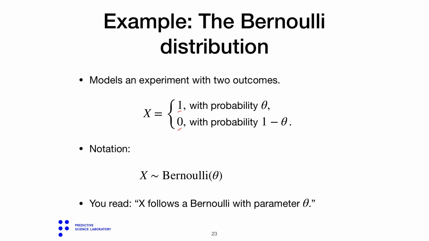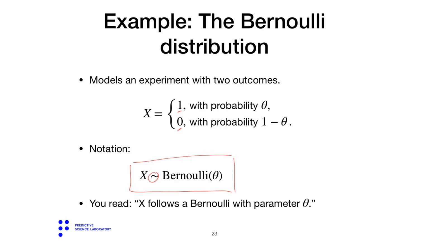So the Bernoulli random variable takes the value 1, or it results in a success of the experiment, with probability theta, and it gives a value 0 with probability 1 minus theta. The important thing to remember here is this notation right here at the bottom, which we read as: the random variable x follows a Bernoulli distribution with parameter theta.